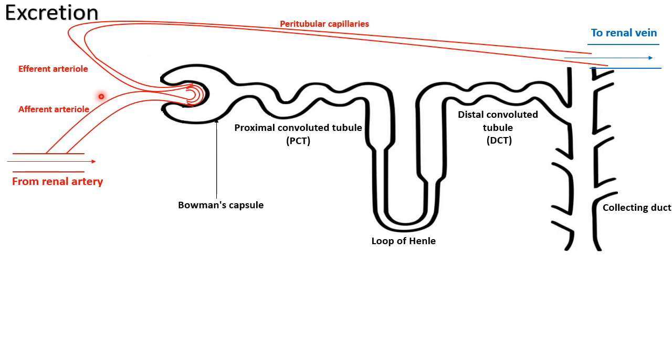Again, it's wider than the efferent arteriole, because it is structurally wider, and this afferent arteriole is dilated through the action of chemicals called prostaglandins, and we will discuss that in more detail in our upcoming lecture.